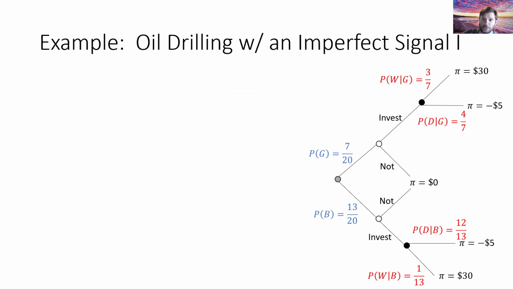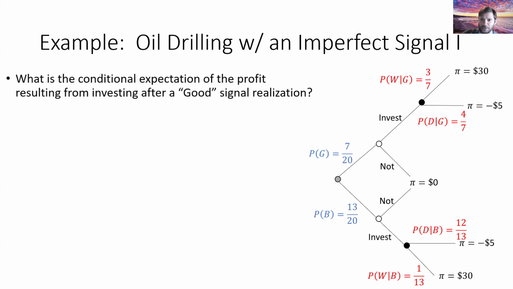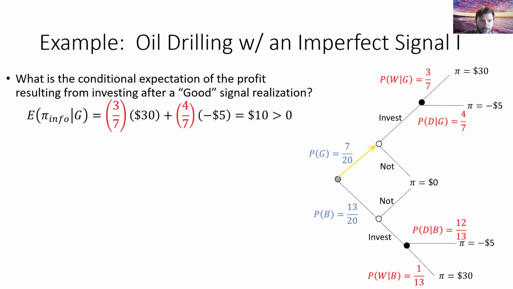So let's assume here that we've observed a good signal, meaning we are on the top branch of our tree. If that's the case, 3/7 of the time we'll hit a wet well, 4/7 we hit a dry well. That gives us an expected payoff of $10 million if we were to invest following a good signal.